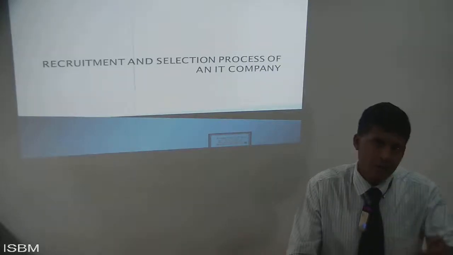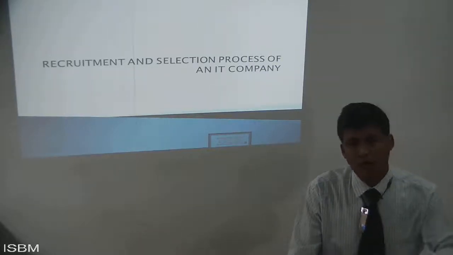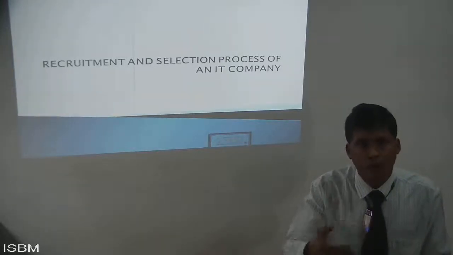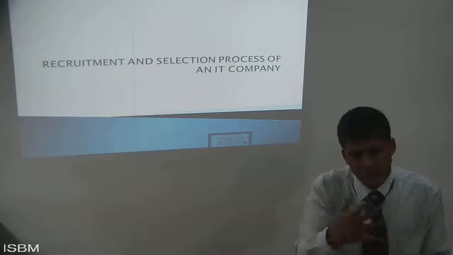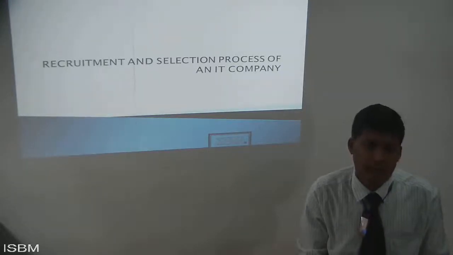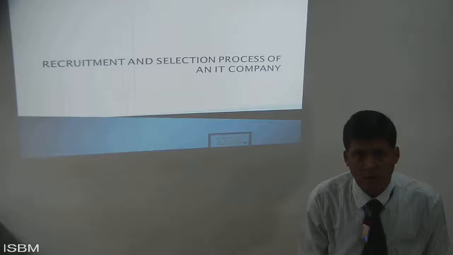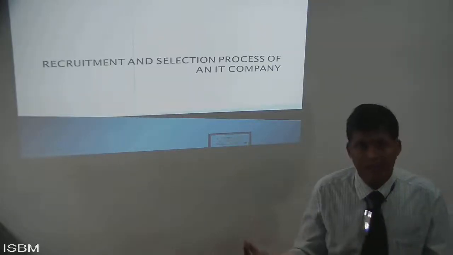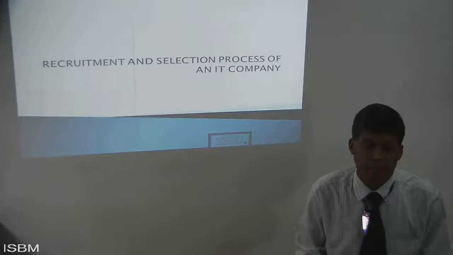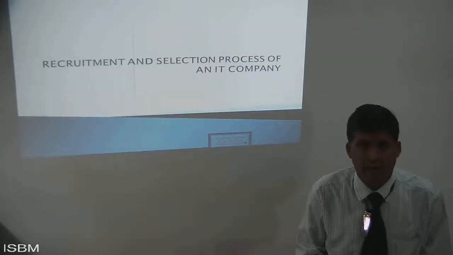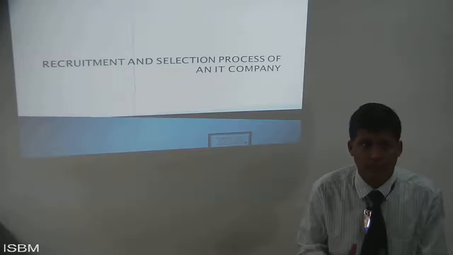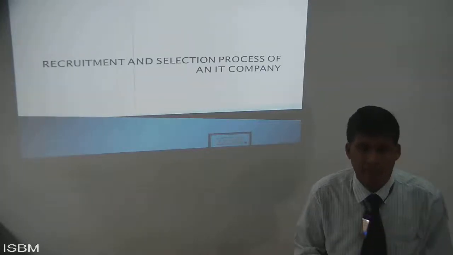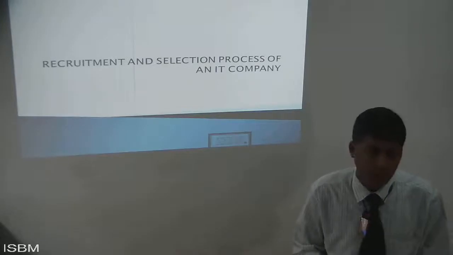Whichever kind of company or function you want to work in, please pick up a few companies in that zone who are doing well. Suppose you are in the IT domain, please pick up 5, 6, 10 IT companies, like Microsoft, Google, IBM, Wipro, Infosys, TCS, any of those.